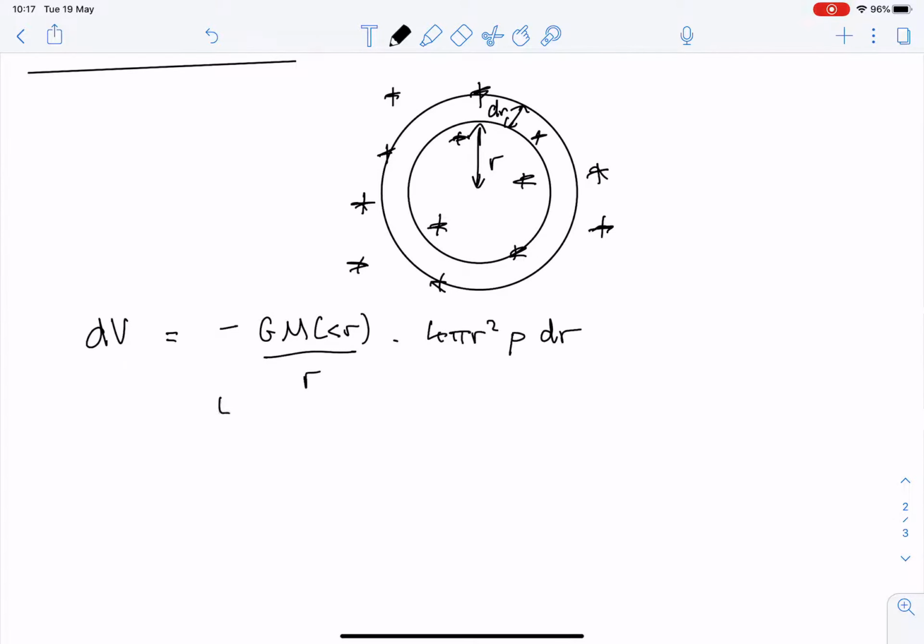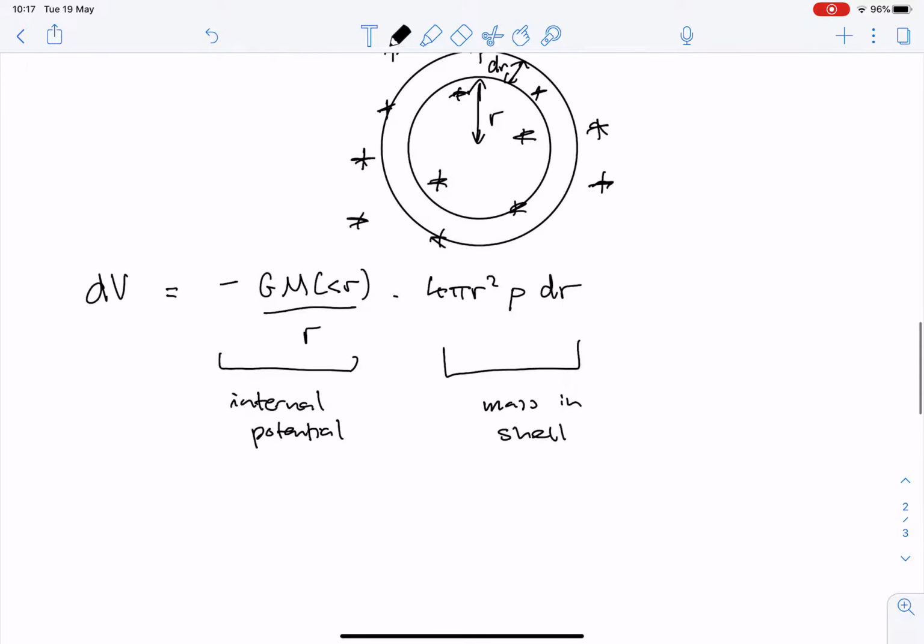So if you think about it, this is the internal mass, my big M, if you like, the internal potential, and this is then my mass in the shell. So in a sense, all I'm writing here is, V is GMm over r, but I'm just defining my potential appropriately, actually not for 2 point masses, but for some uniform distribution of mass.